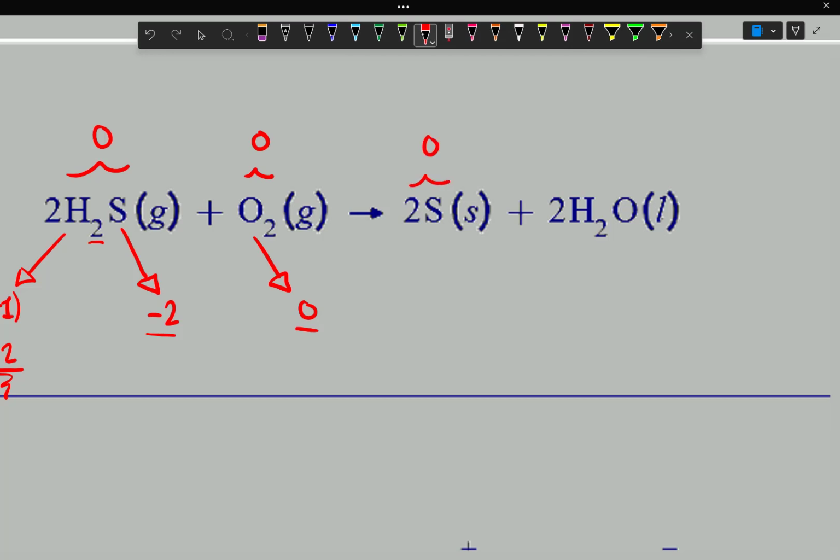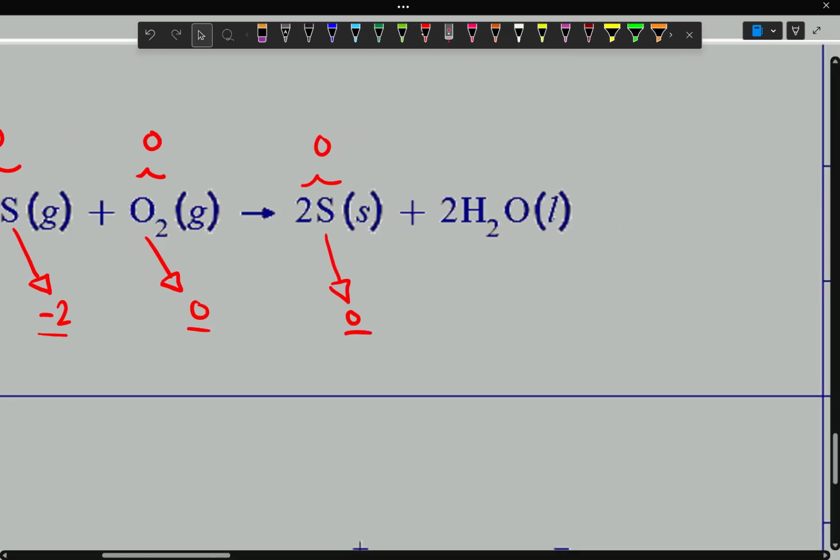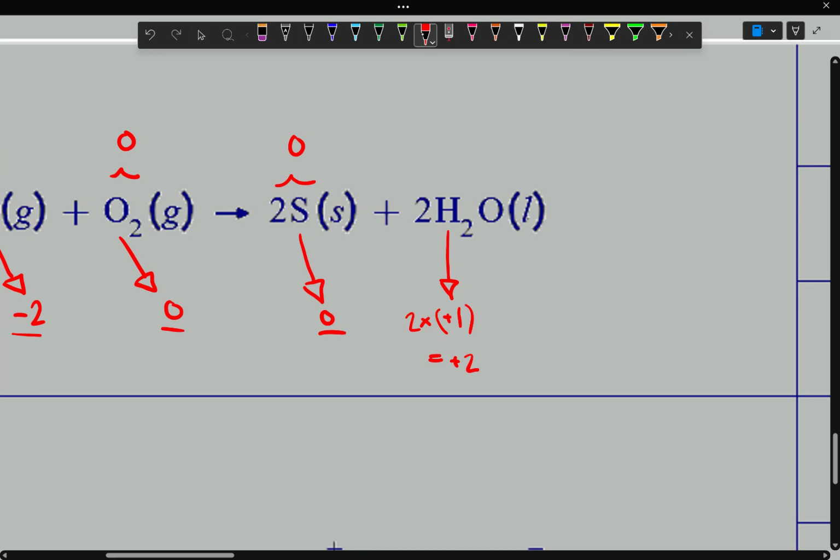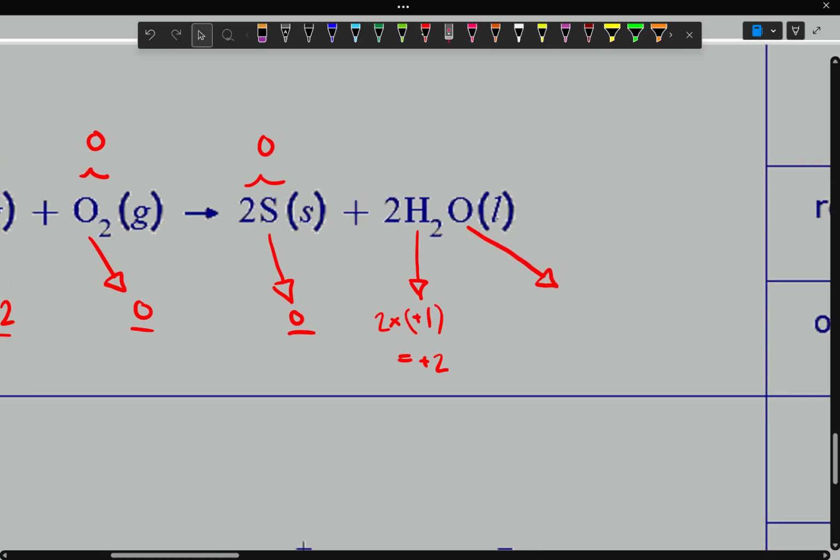So we know that the charge is going to be 0 for this one. And we have another 2 hydrogen here, which is going to be a +1 charge multiplied by 2. That's going to give us a +2 charge. And then we have an oxygen, which has to balance out that charge. So we know that the oxygen must be -2.